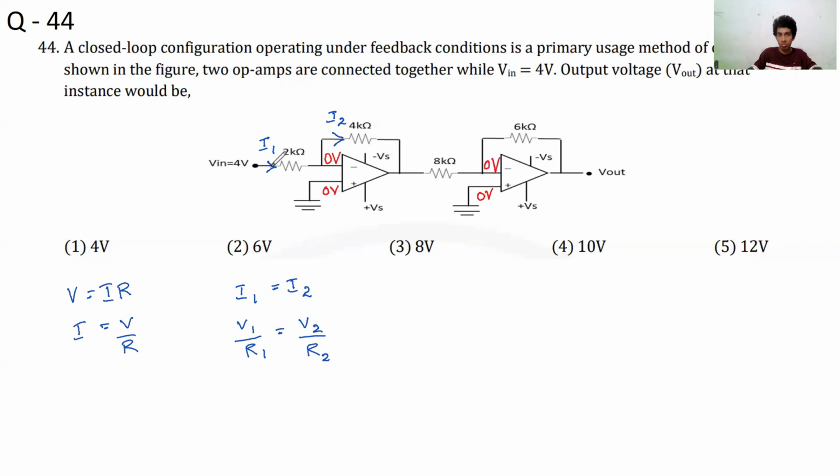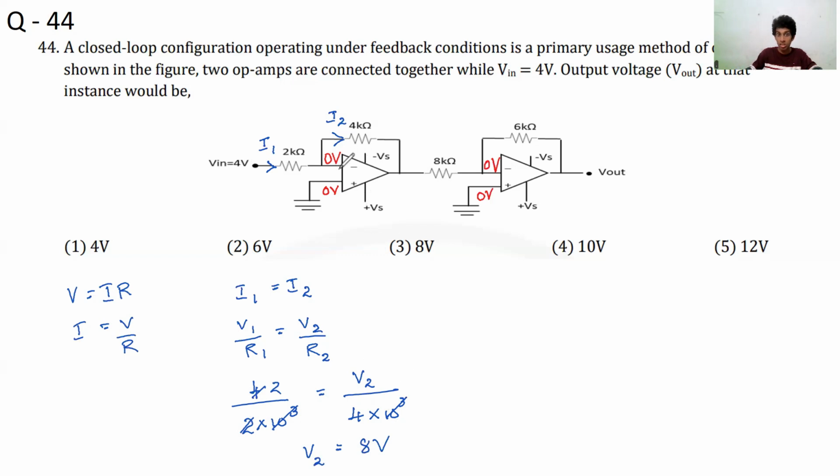Here, the voltage difference across the 2 kilo ohm resistor is 4 volts minus 0 volts. So that is 4 volts divided by 2 into 10 to the power 3 ohms. That is equal to the voltage difference across the 4 kilo ohm resistor, that is V2, divided by 4 into 10 to the power 3 ohms. Here 10 to the power 3 cancels, and V2 is equal to 8 volts.